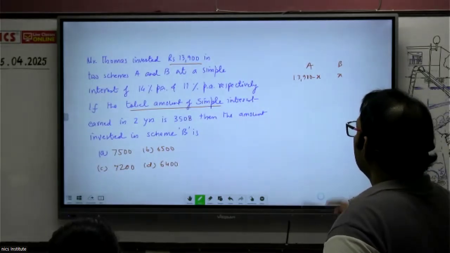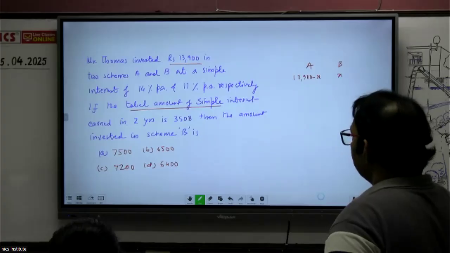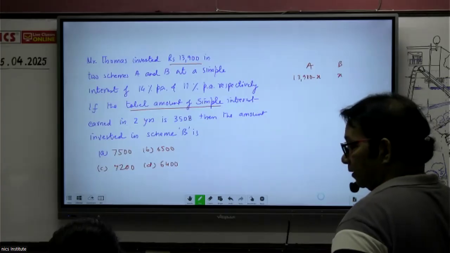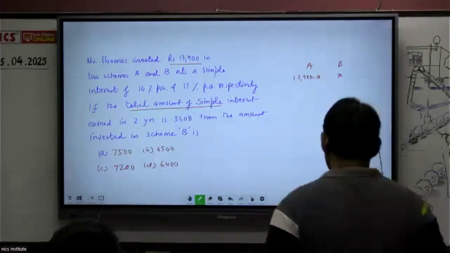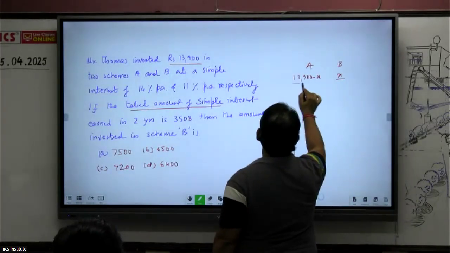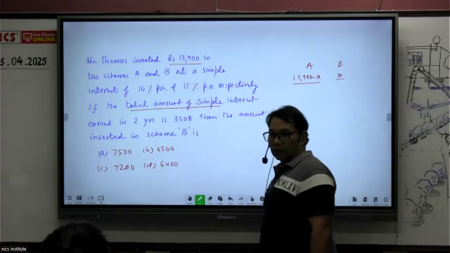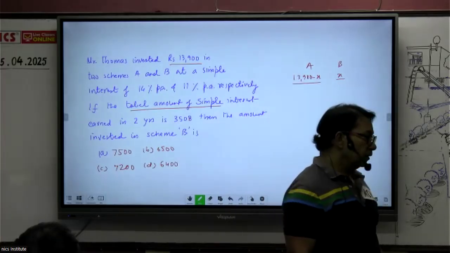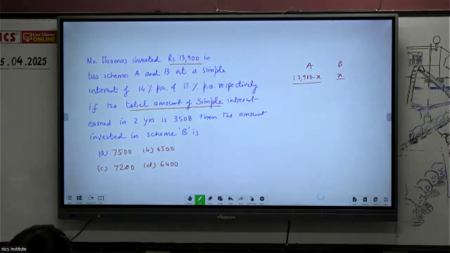See, total amount invested is 13,900. You have to find how much is invested in B. Suppose you invested X amount in B. So the remaining amount he invested in A. Now you find simple interest in both and add. P, R, T have been given.